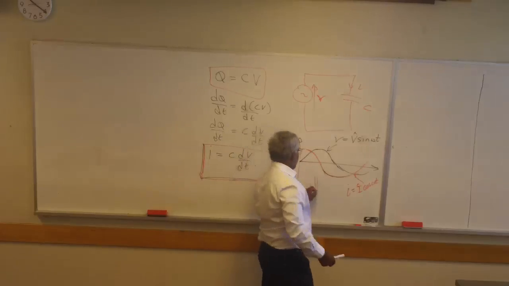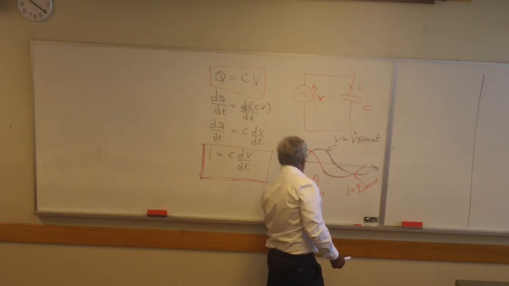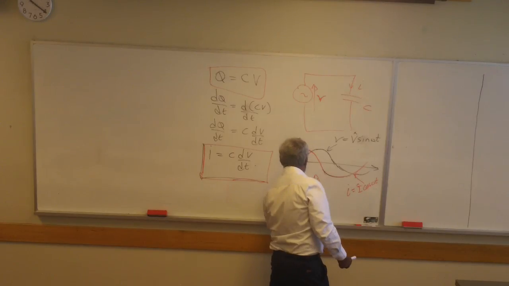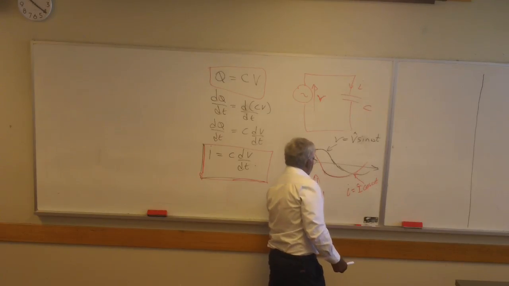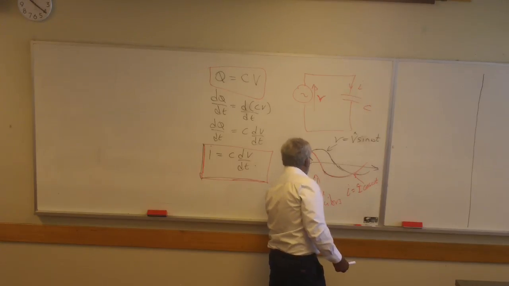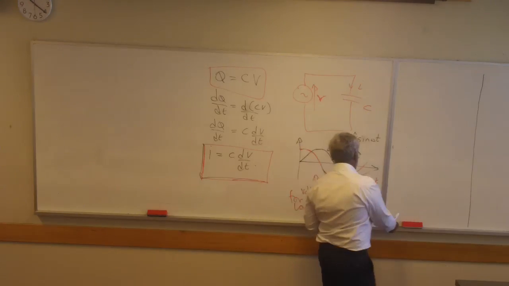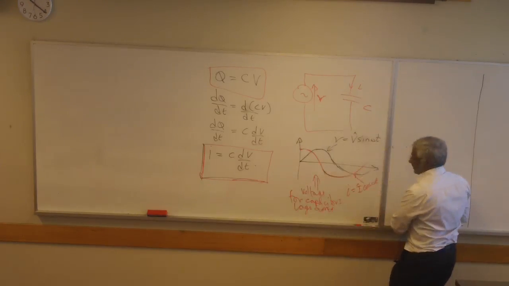So that's saying voltage for a capacitor lags current, lags capacitor current by 90 degrees. So let me rewrite it down.